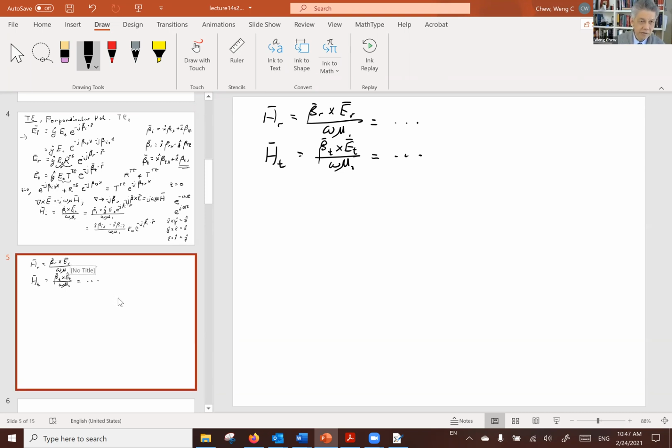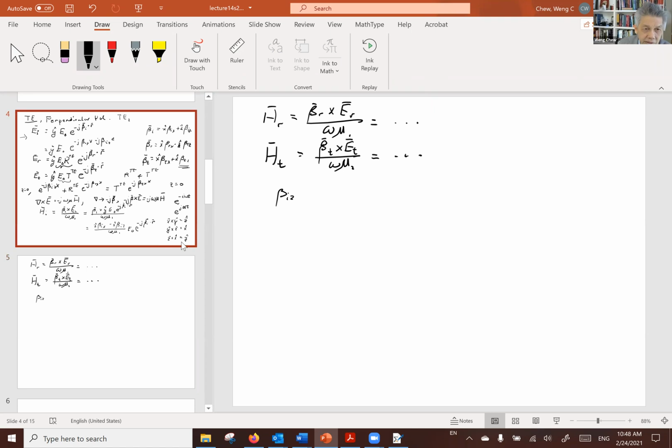Okay, so if we put in the second boundary condition, we have to add the components of the magnetic field in region 1, and the components of the magnetic field in region 2, to match the boundary condition. I work out the detail for one case over here.